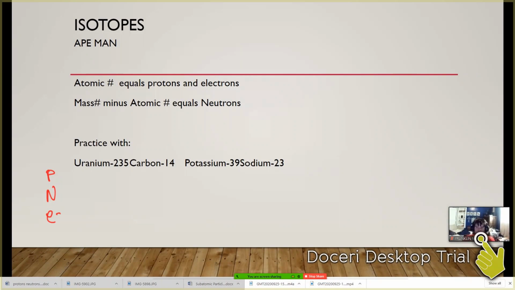And it has an atomic number of 92. So that means it has 92 protons and 92 electrons. And then to get the neutrons, I'm going to take the mass number, subtract the atomic number, and that will give me my number of neutrons.